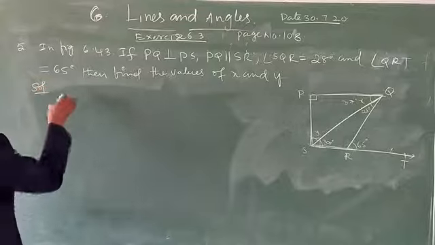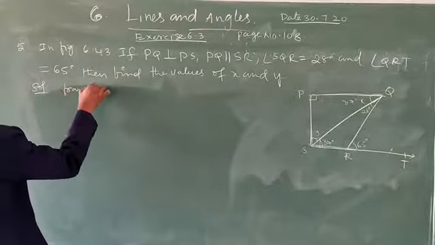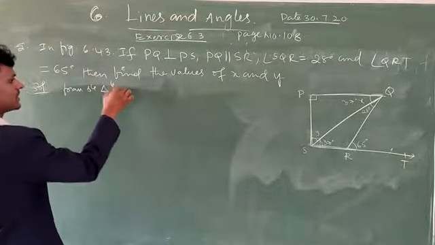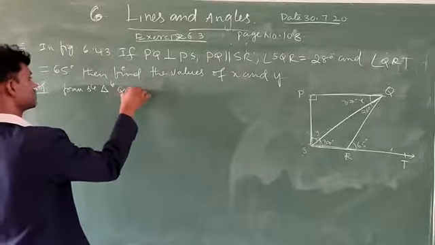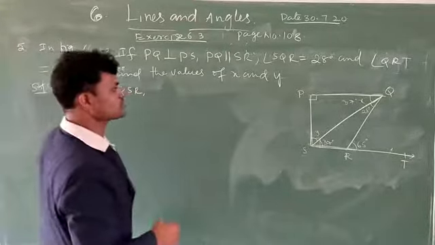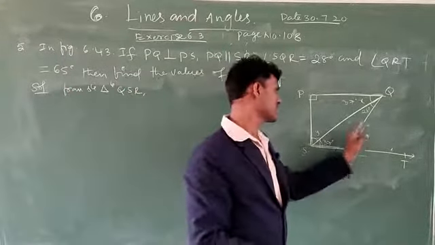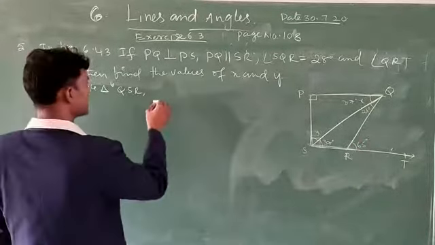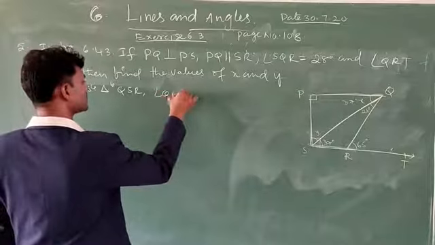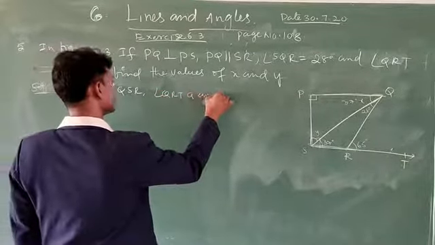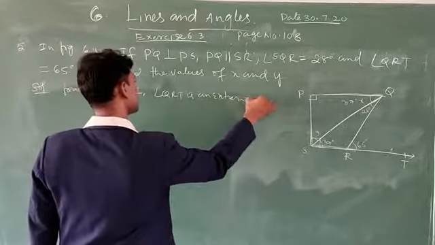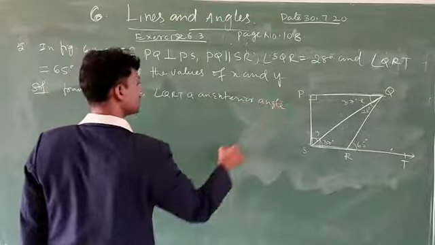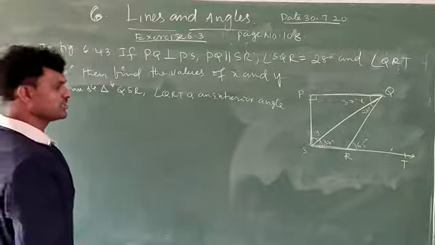From the figure, from triangle QSR, here this is the exterior angle. Okay, here angle QRT is an exterior angle. Exterior angle is equal to the sum of the interior opposite angles.